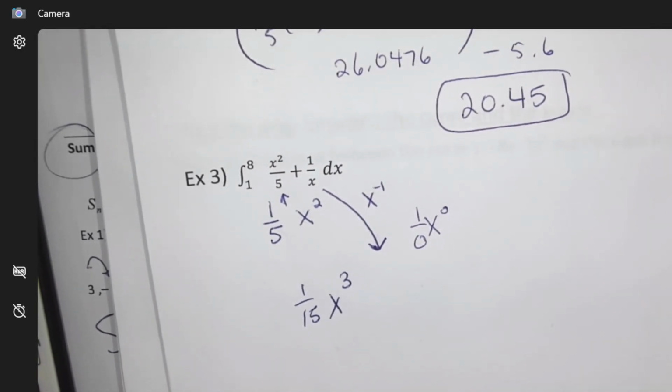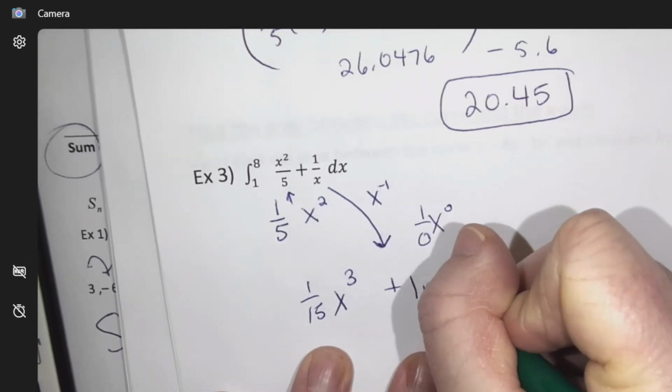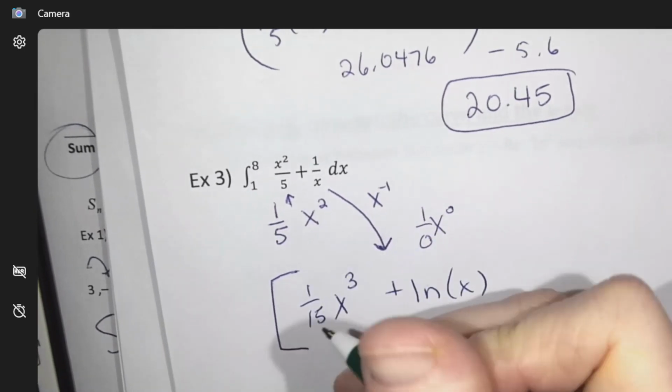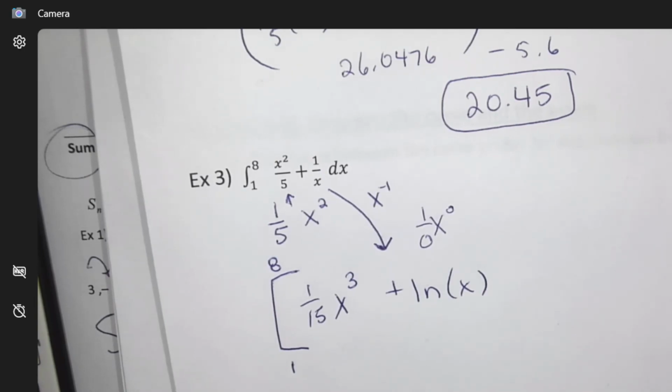That's a problem. So again, you can't do that method. You have to memorize that the 1 over x is the ln thing. And you're doing that from 1 to 8.